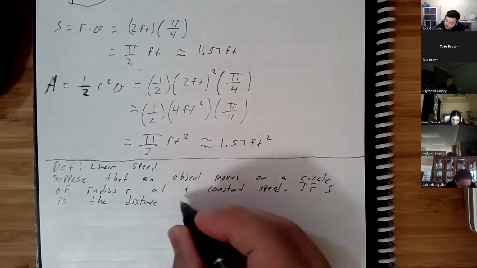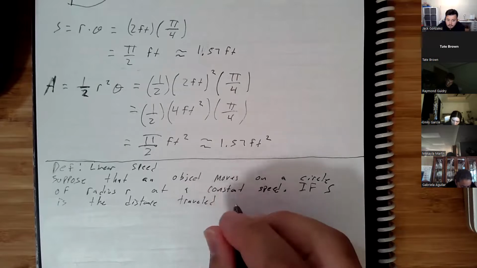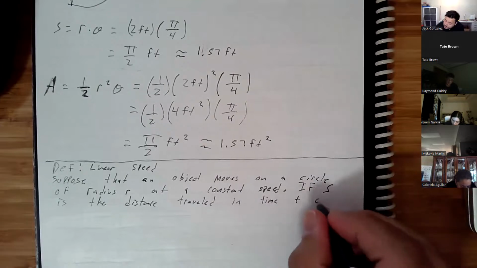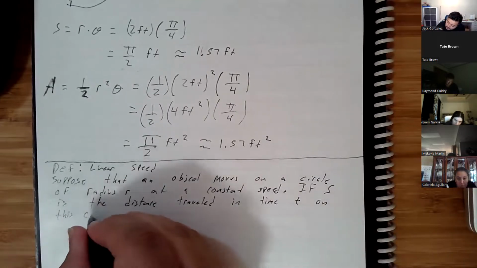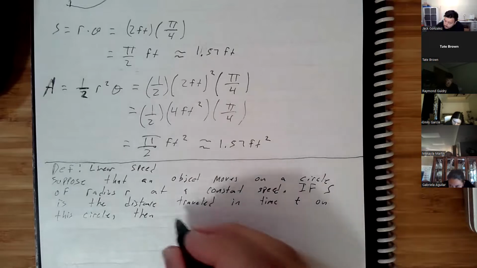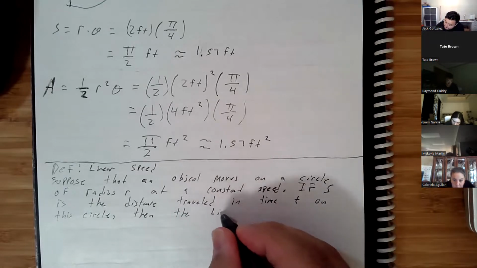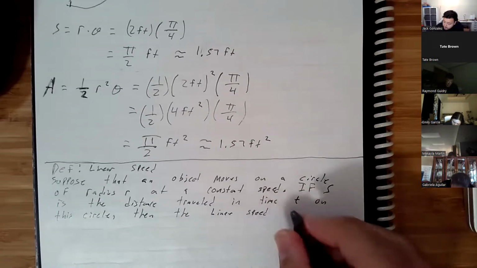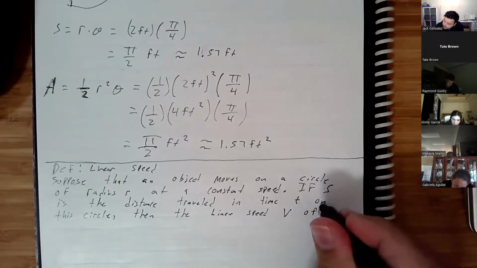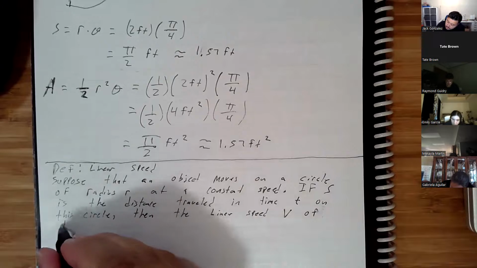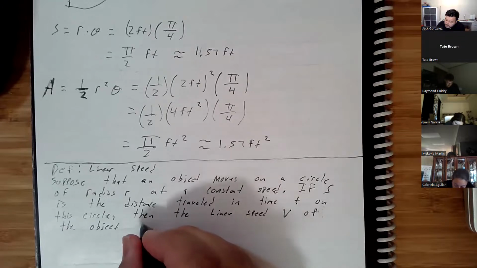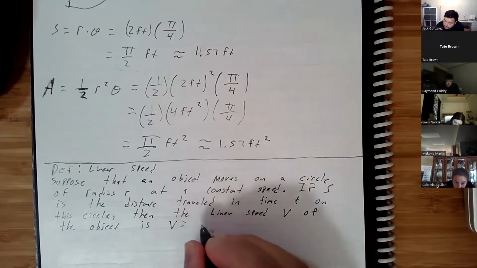If s is the distance traveled in time t on this circle, then the linear speed v of the object is v equal to s over t.